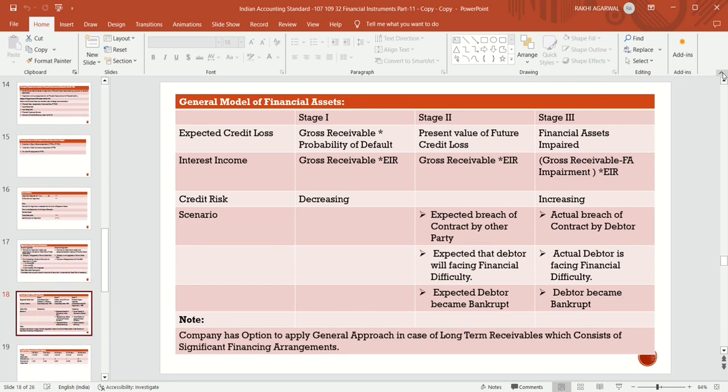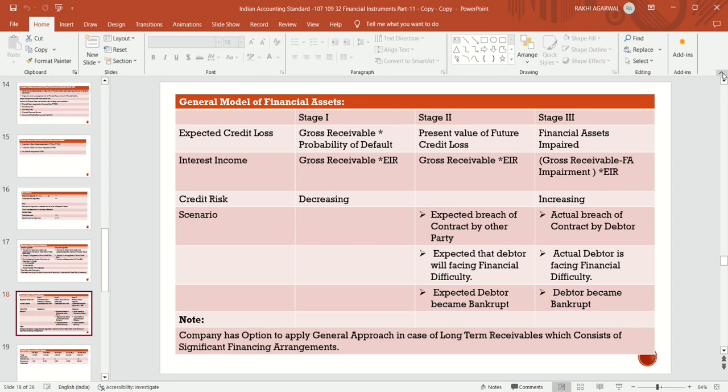Now, the expected credit loss in stage 1, stage 2, stage 3. Stage 1 is 12 months, stage 2 is lifetime, and stage 3 is lifetime minus financial asset impaired.